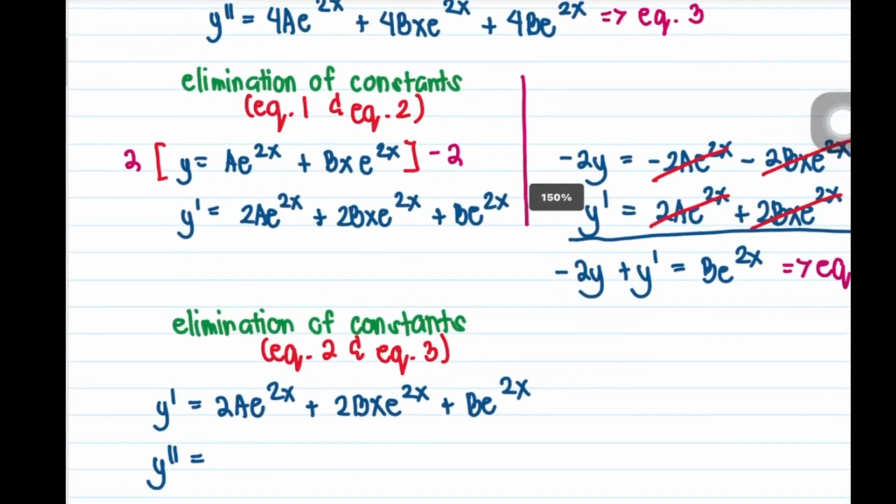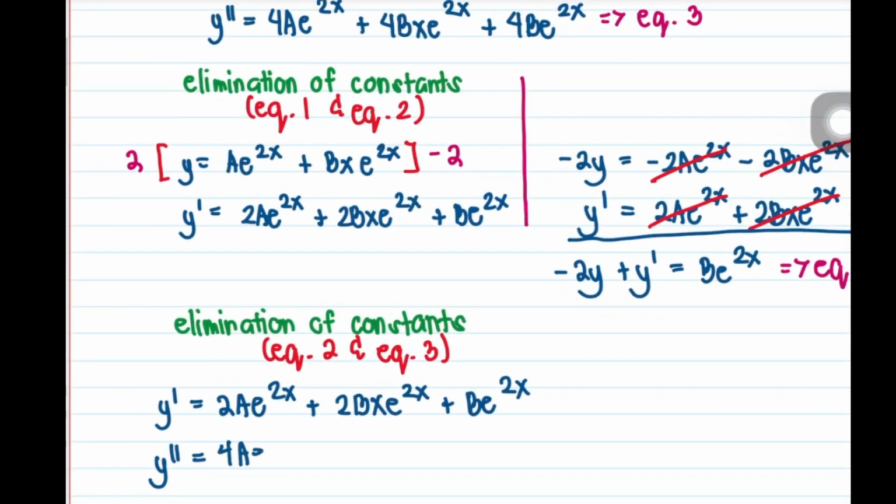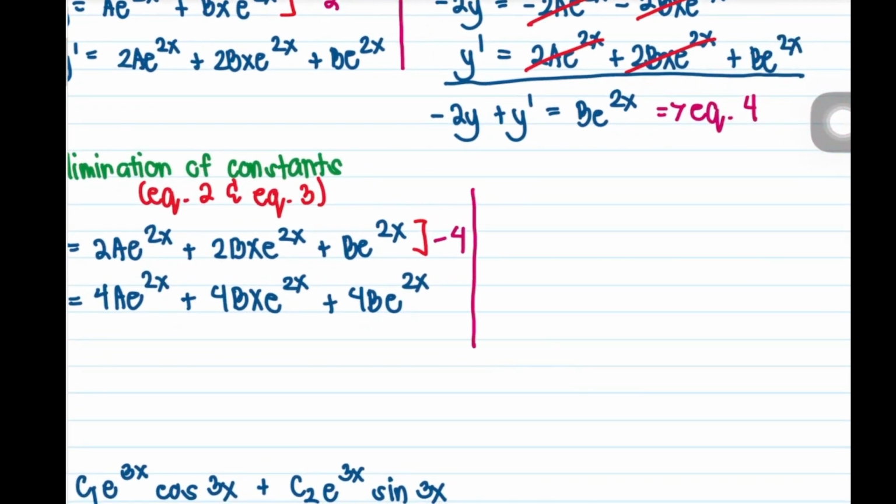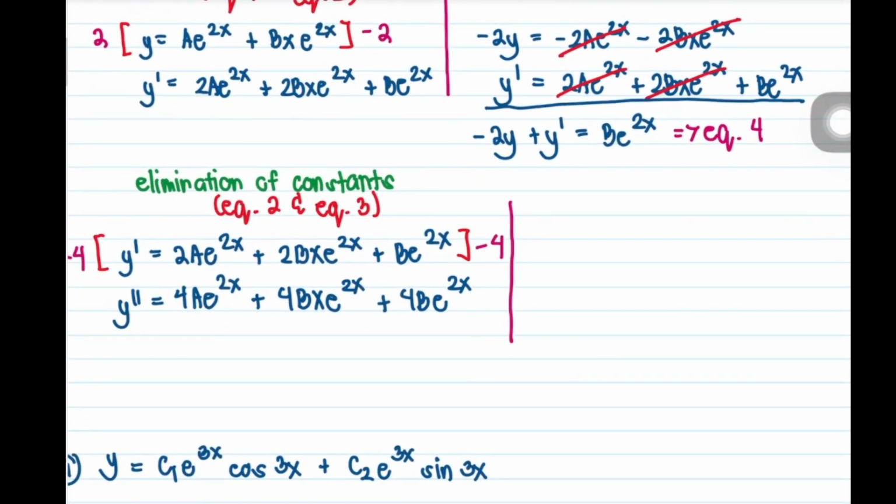Then y double prime is the other equation, equation 3. Y double prime is 4ae raised to 2x plus 4bx e raised to 2x plus 4b e raised to 2x. So we can simply multiply equation 2 by negative 2, not negative 4.